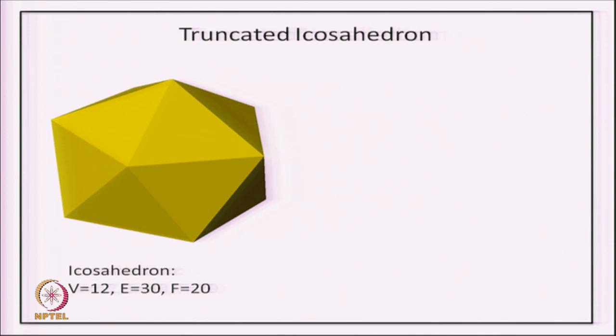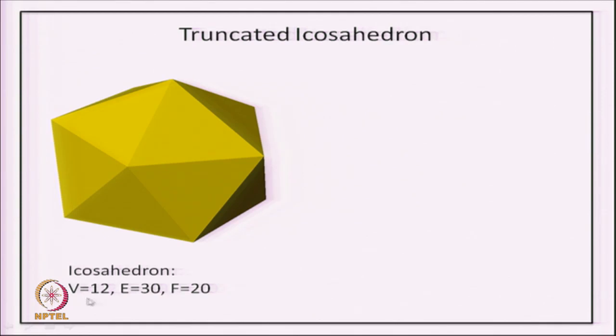Icosahedron, shown here, is one of the Platonic solids or regular solids. I will have a separate discussion on Platonic solids for you. For the moment, let us just look at this icosahedron.